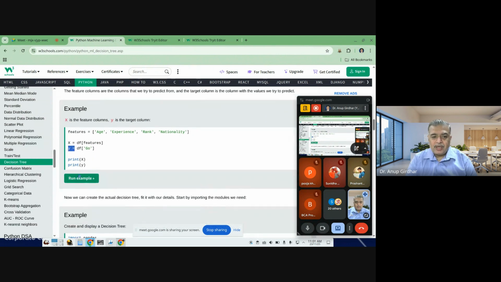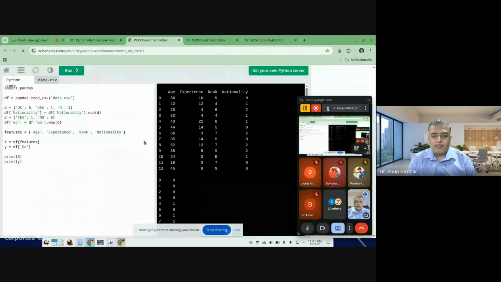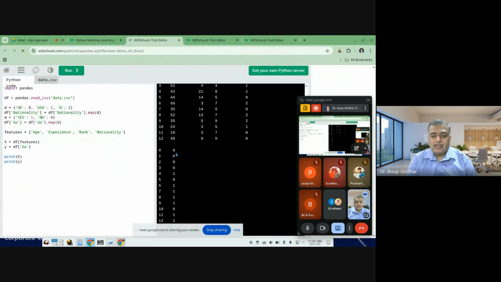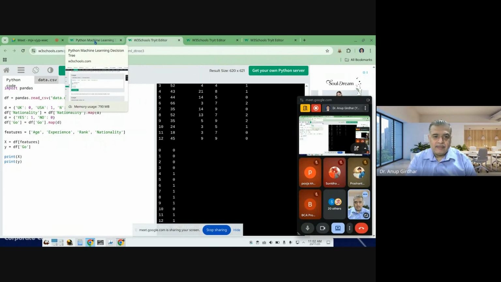If you print these values, you will find only the first four: age, experience, rank, and nationality in x. But the fifth one, the go value, is completely different, with zeros and ones. So we segregated that data into two different collections, that is x and y.